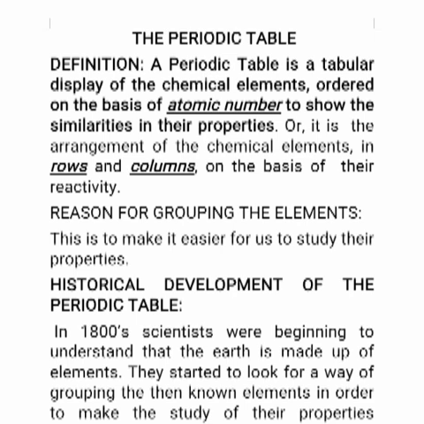Now let's see a brief historical development of the periodic table. In 1800, scientists were beginning to understand that the Earth is made up of elements. They started to look for a way of grouping the then known elements in order to make the study of their properties simpler.